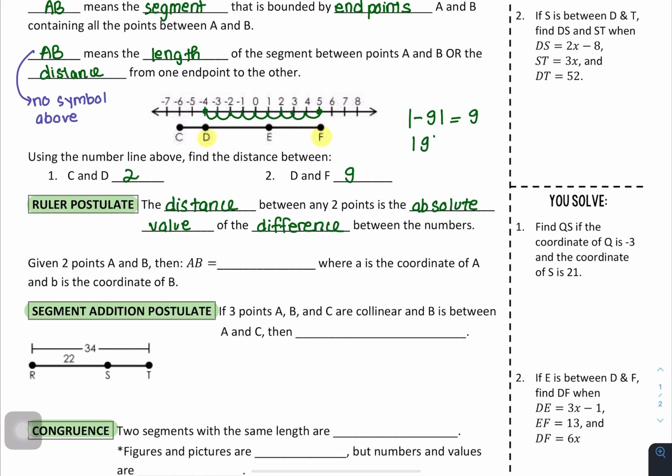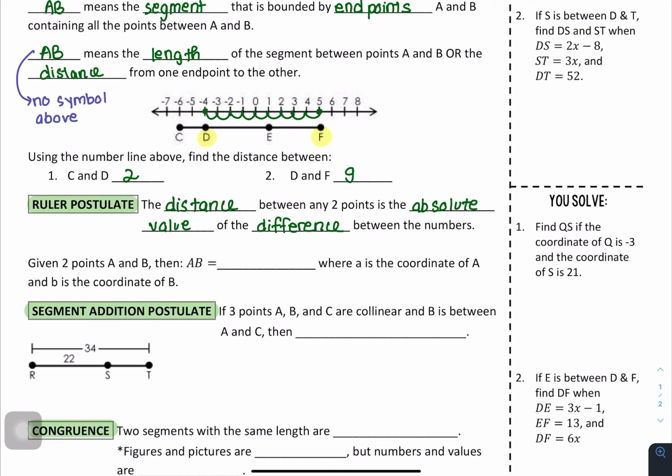Absolute value of 9 is also 9. The reason why the distance has to be the absolute value is because the distance cannot be negative, right? You cannot say the distance from a house to school is negative 10 miles. Okay, it doesn't make any sense. So distance always has to be positive.